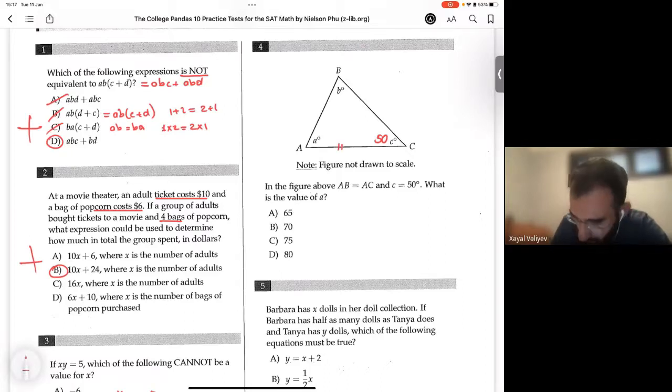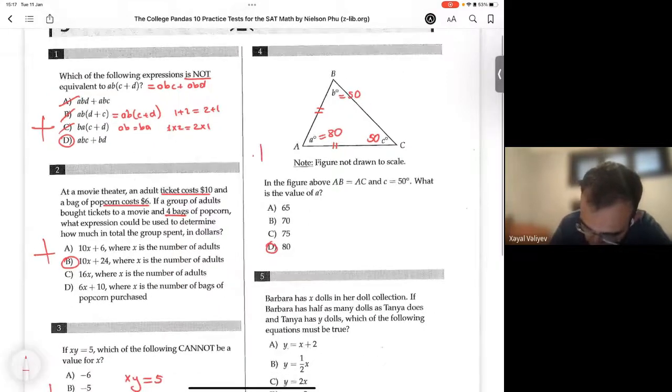AB, this one, is the same as this one. If this is 50, the value of B would be 50 also, because it's isosceles. So what is A? D, 80. Well done. You did this one also.